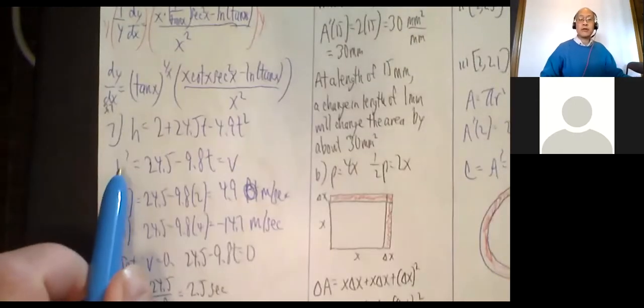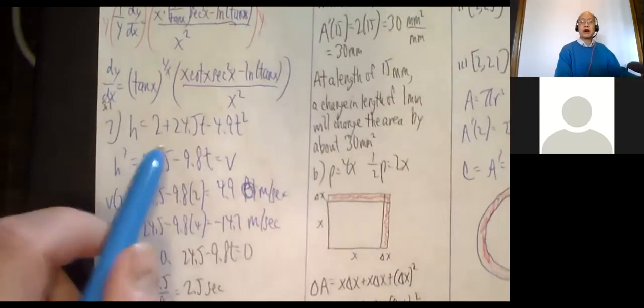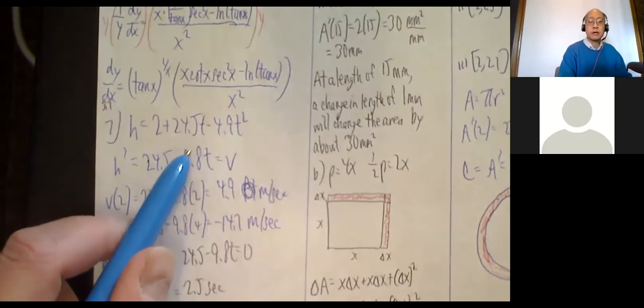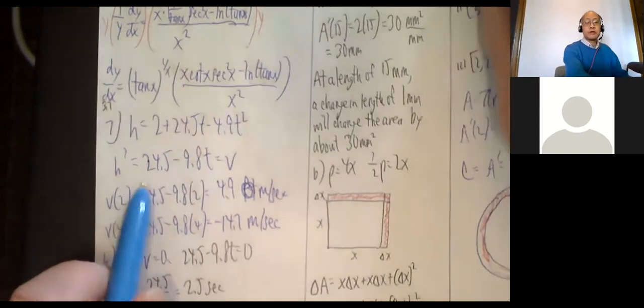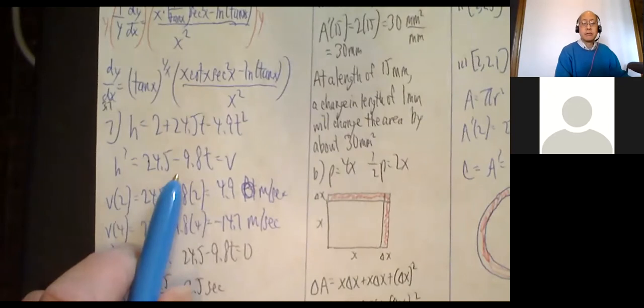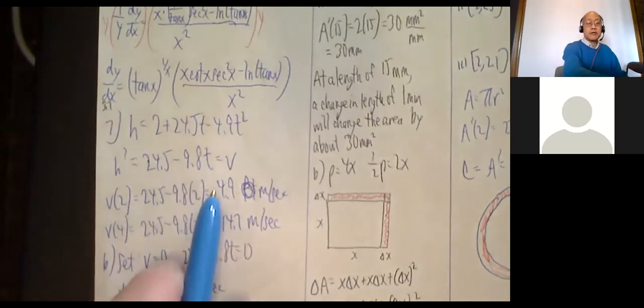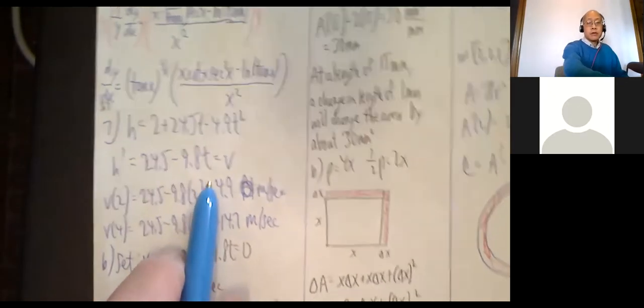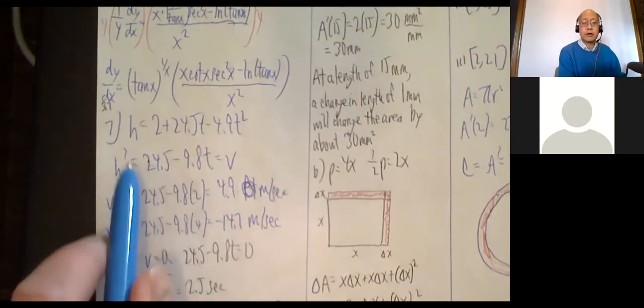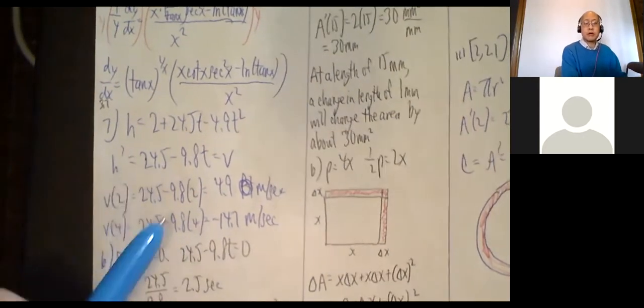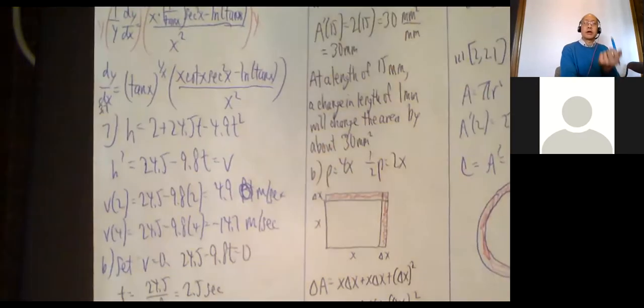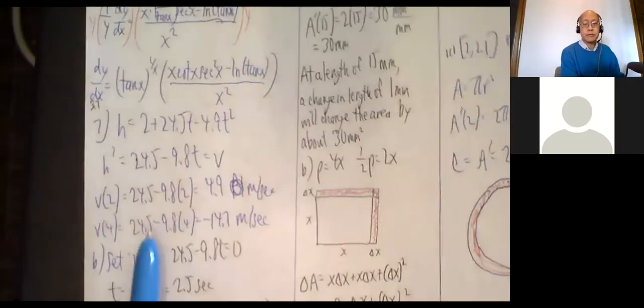Here's the height function, 2 plus 24.5t minus 4.9t squared. The first derivative is 24.5 minus 9.8t. That's the velocity. Again, velocity is the first derivative of the distance function, or in this case, a height function. You're throwing an object up in the air and it comes back down.